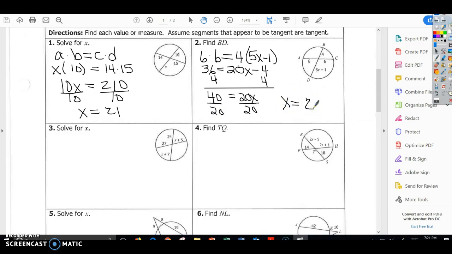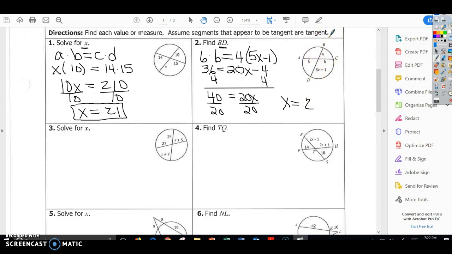And then this one says find BD. The first one said solve for x. This was x. This one says find BD. So you always have to look back to make sure you answered the question. That's a big deal. Alright, so if x is 2, we have to find BD. BD is this whole segment here.